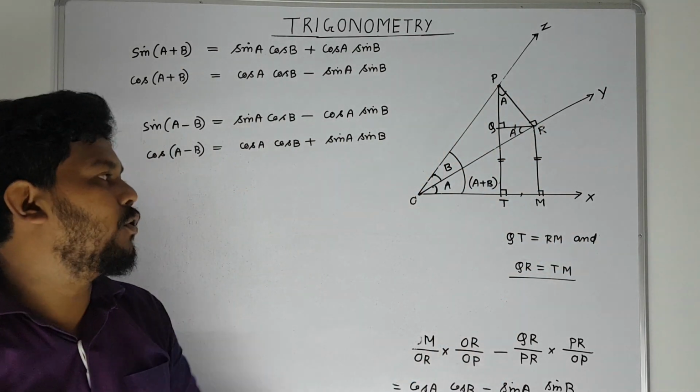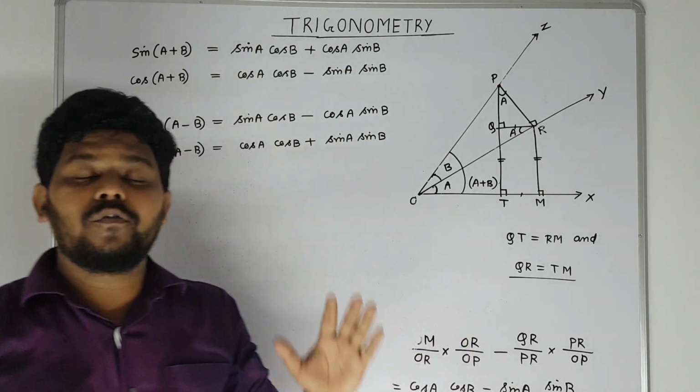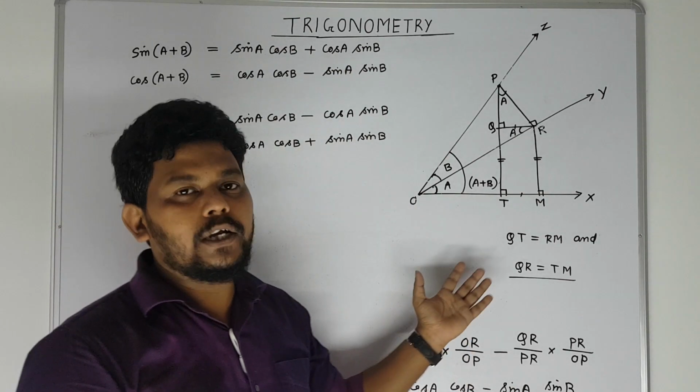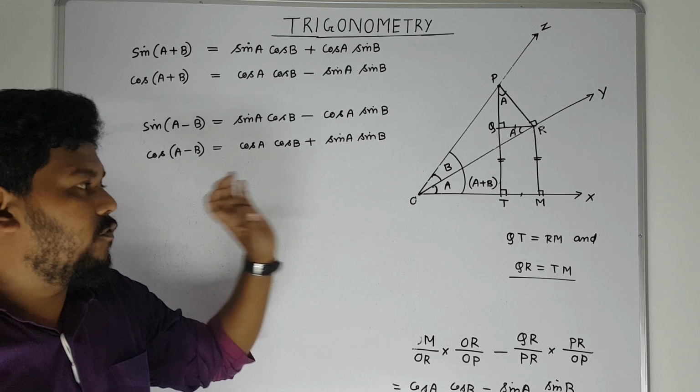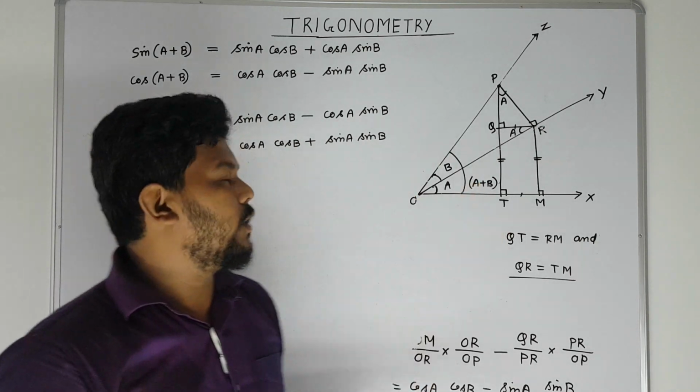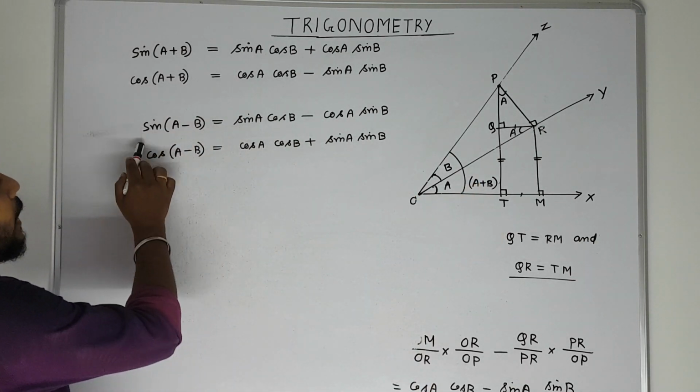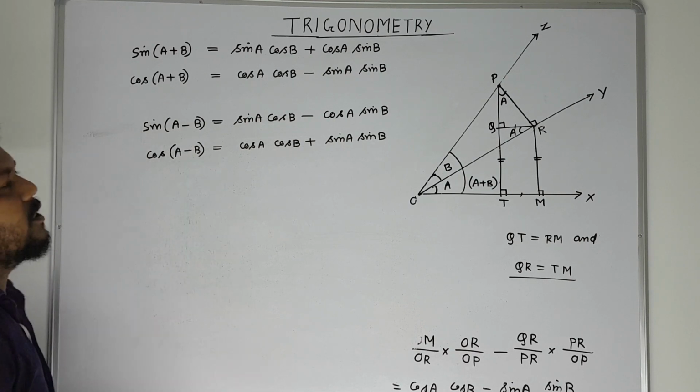I hope you will go through the NCERT book or any book that you are following. You will find these proofs. Okay, so this is your sine A minus B and cos A minus B.